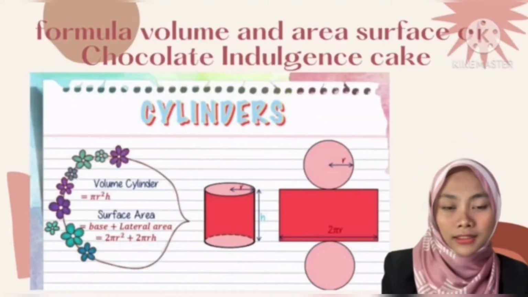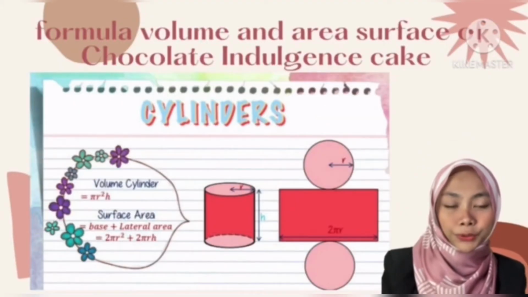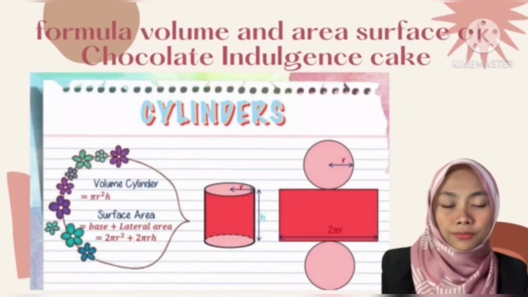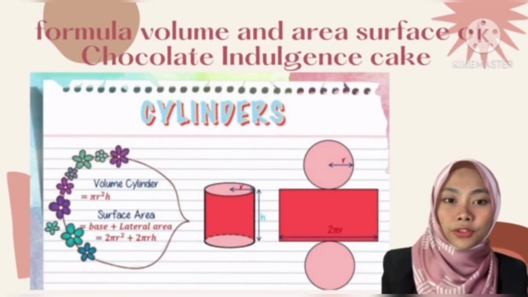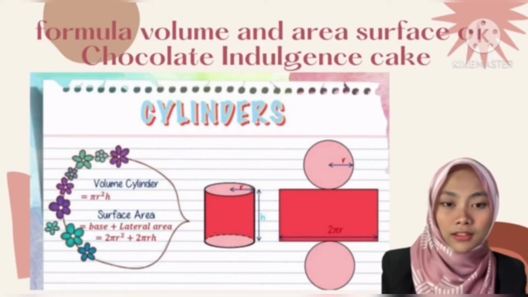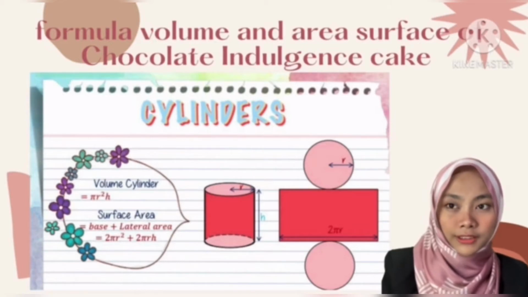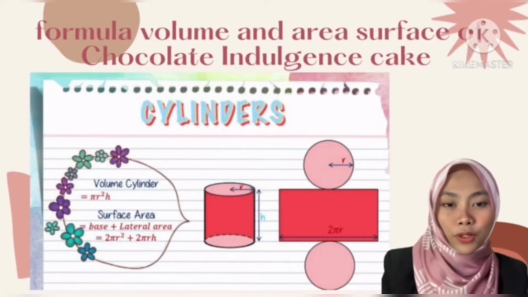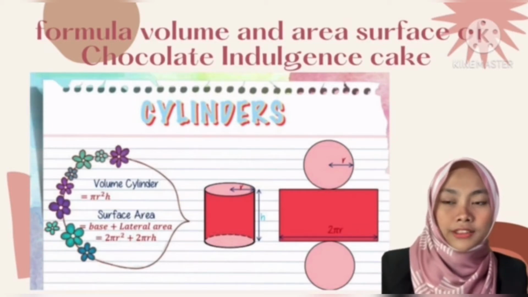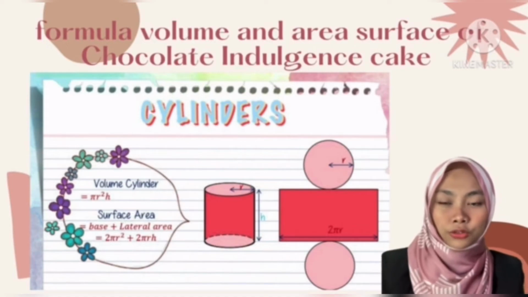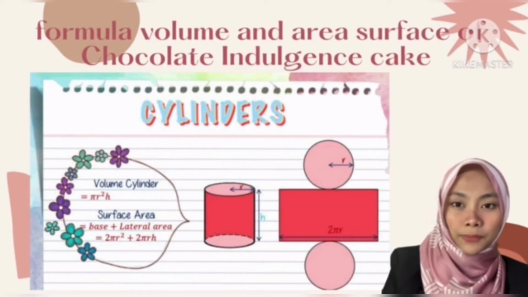The cake has the shape of a cylinder, so we use the formulas of the cylinder to calculate the volume and surface area of the cake. The volume formula is pi r squared h and the surface area formula is 2 pi r squared plus 2 pi r h.